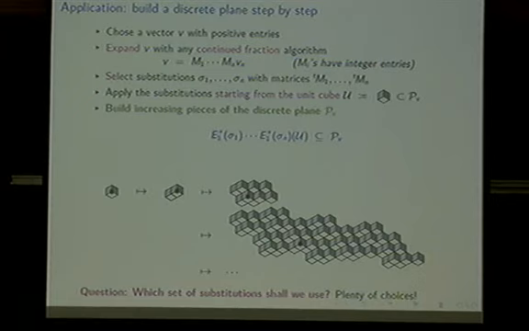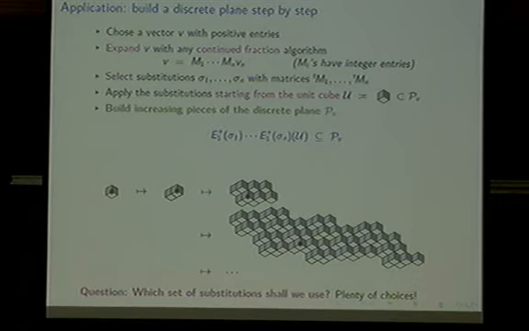Then I have a first substitution corresponding to M1, and I obtain this, and then a second, I obtain this, and so on and so on. All these pieces are part of the discrete plane I want to build. So it means that I have a process where I decompose a vector to reconstruct step by step a discrete plane for any vector.